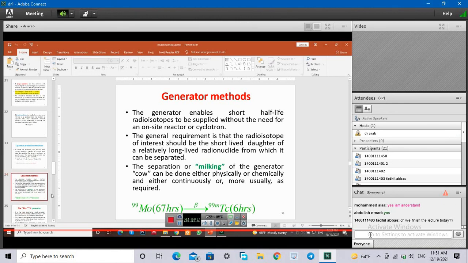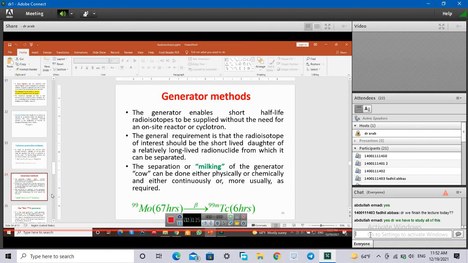For example, we want to produce technetium-99 in the metastable state as a radiodrug, and the radioactive nuclide that can produce it is molybdenum-99.